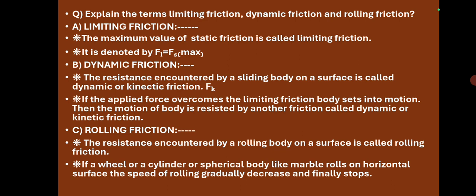Because here you applied an external force. Your force was enough to overcome the static friction between the football and the ground, and the football came into motion. And such a body in motion comes to rest after going a certain distance.